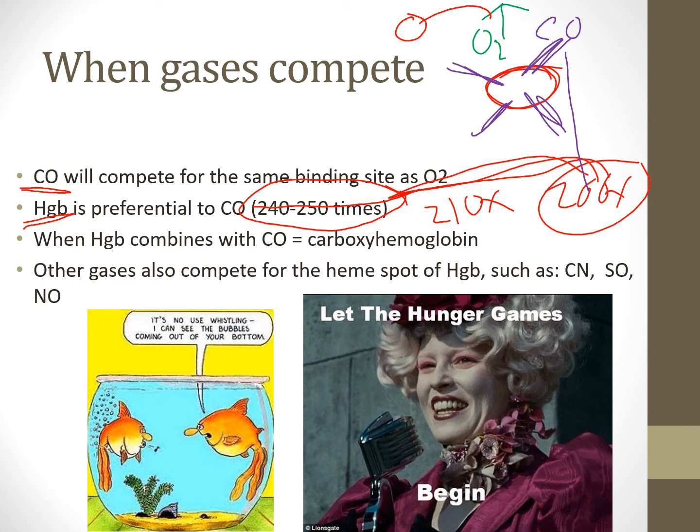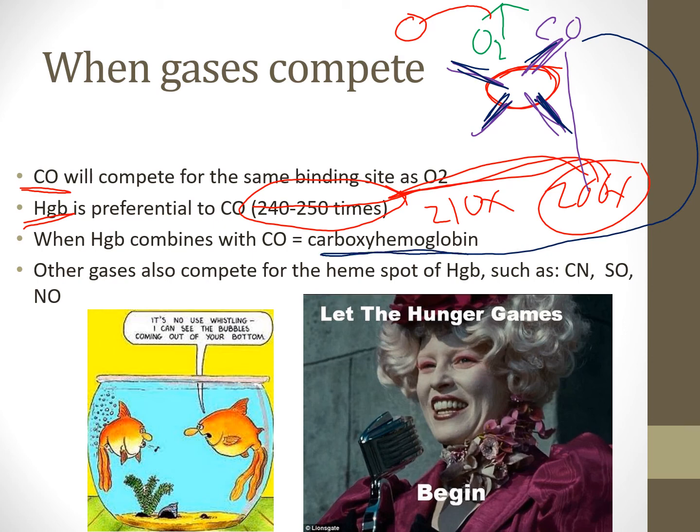But when we're looking at carbon monoxide, it wants to take up all these parking spaces. It wants to bind itself, and the hemoglobin molecule is okay with that because the hemoglobin molecule loves that carbon monoxide. This is not good. And when carbon monoxide combines to the hemoglobin molecule, it's called carboxyhemoglobin.